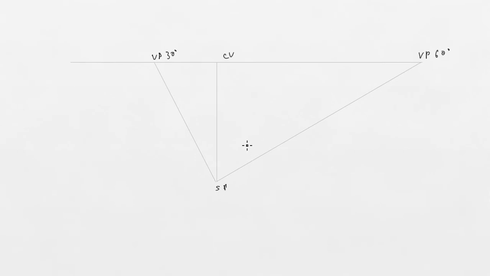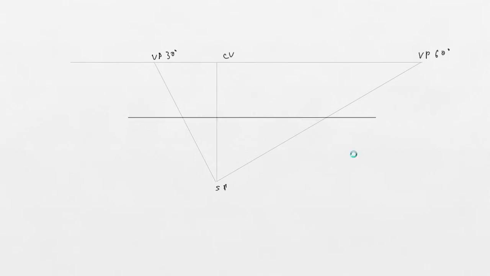Well, let's start with drawing a 2-point perspective perfect cube and rotate it 30 degrees relative to us. Okay, station point, 30 degrees to the left, 30 degrees to the right. Finding our VP 30 here and VP 60 here, center of vision, station point.